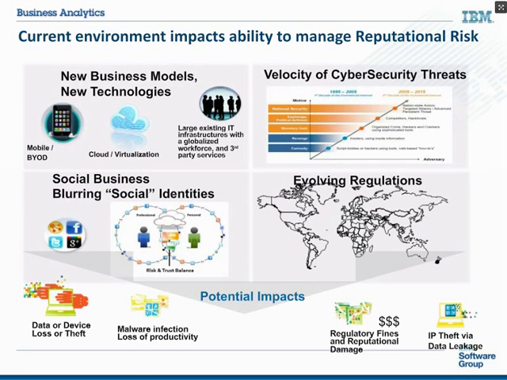Firstly, a very dynamic environment that organizations are competing in, which impacts their ability to manage reputation risk. As you can see here, new business models and technologies such as BYOD, cloud and SaaS offerings, and the distributed global workforce have all really helped to increase the threat and the number of incidents of cybersecurity.